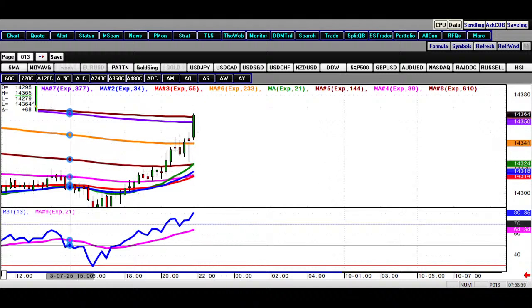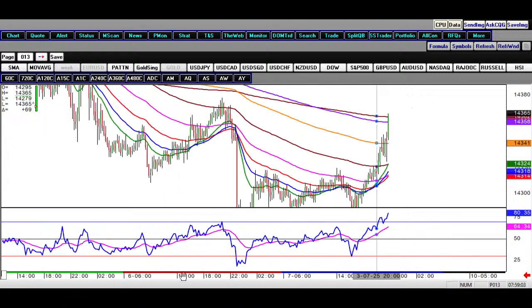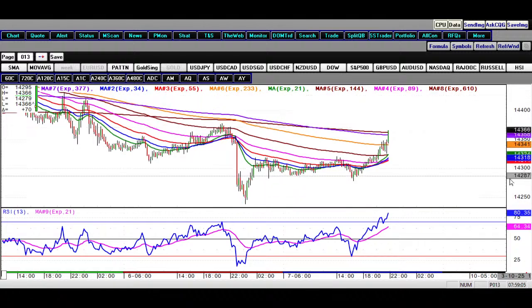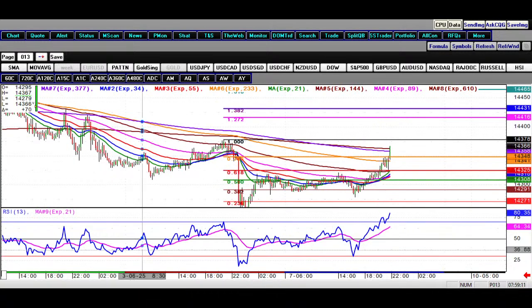So then our exit should be the break of this high towards 44.10, 44.30. Let me double check that. Yeah, 44.10, 44.30 would be a good bet.